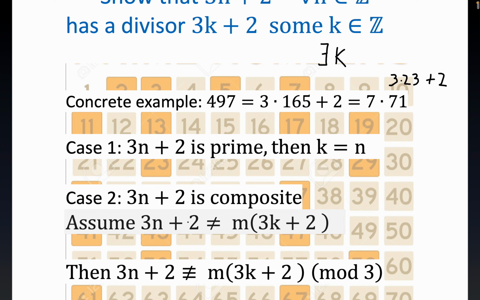Now case 2 is if 3n plus 2 is composite. You probably don't really need to write this down, but just to be sure: if 3n plus 2 is composite, that means it has a pair of divisors that are strictly between 1 and 3n plus 2.